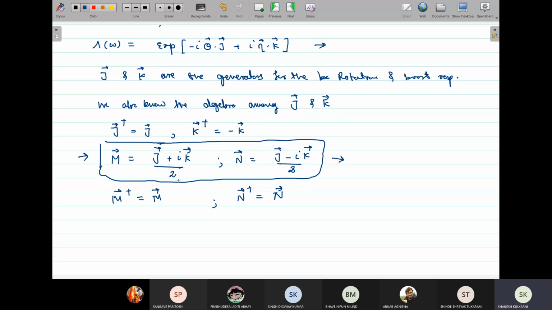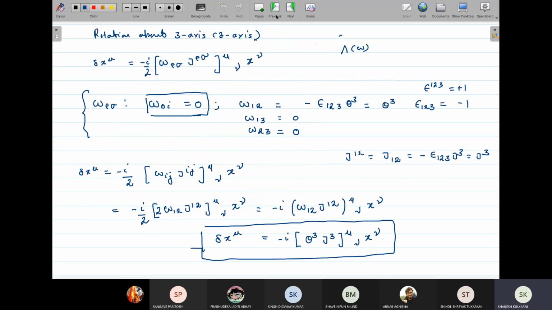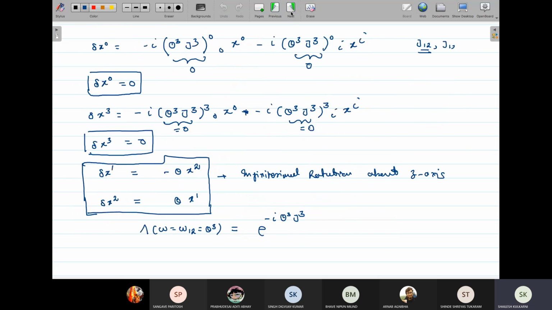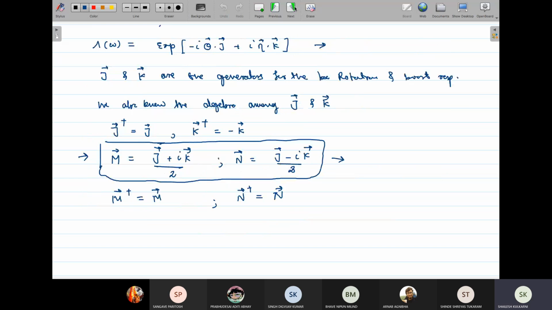We will do that. It will become clear why I'm writing in M and N. Ultimately, I will write in J and K form only. Your Lorentz transformations are written in this form only, J and K. M and N allows you to identify appropriate representations. I will tell you what that means.